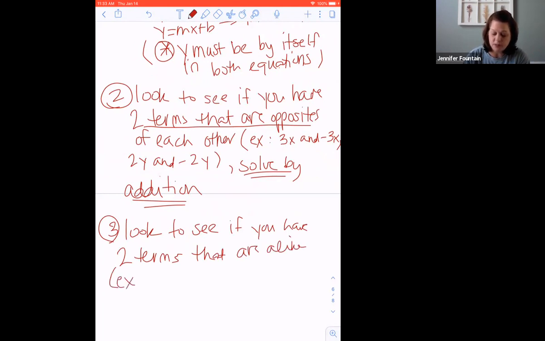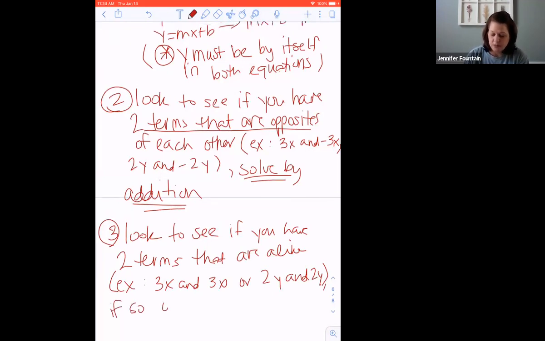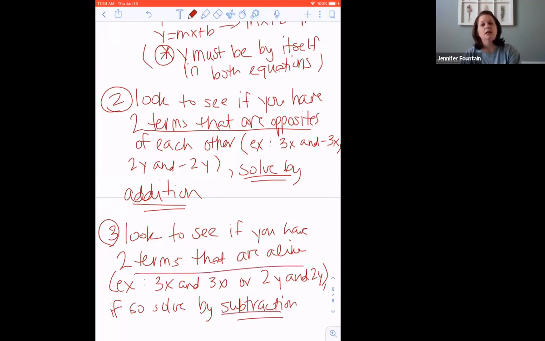My examples would be 3x and 3x, or 2y and 2y. Are they exactly the same? If so, solve by subtraction, what we have just finished working on. So two terms that are alike, solving by subtraction.